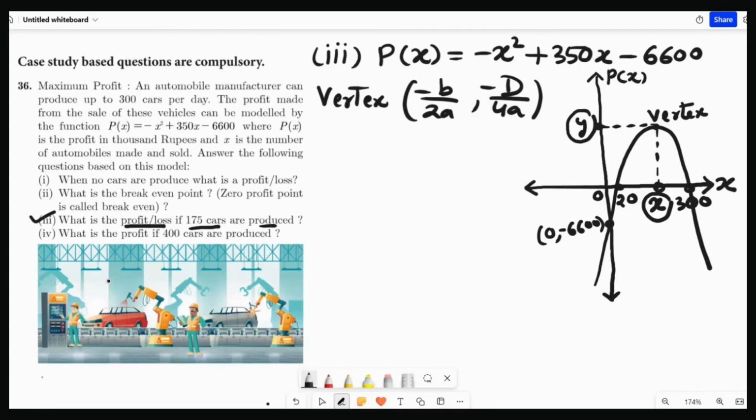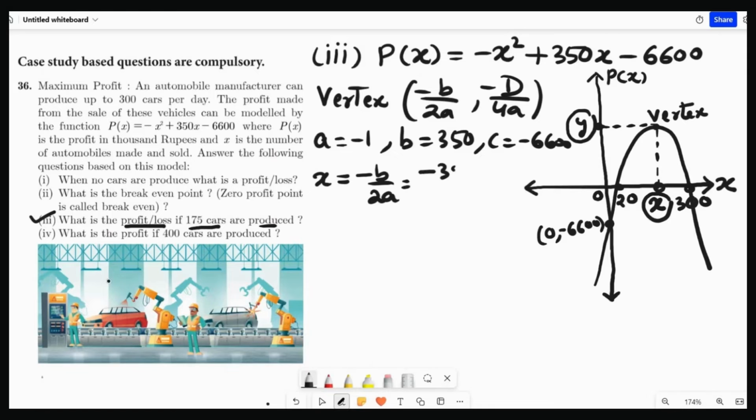Compare the given polynomial with the standard form ax square plus bx plus c, and you realize that a is -1, b is 350, and c is -6600. So let's first find the number of automobiles manufactured or sold, that is minus b by 2a. This turns out to be -350 by twice of -1, that is 175.